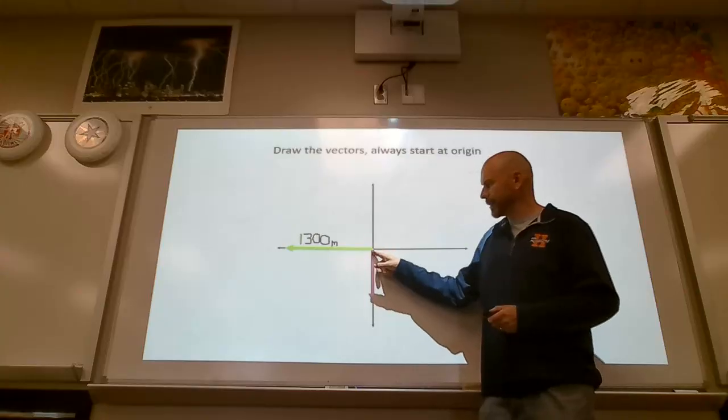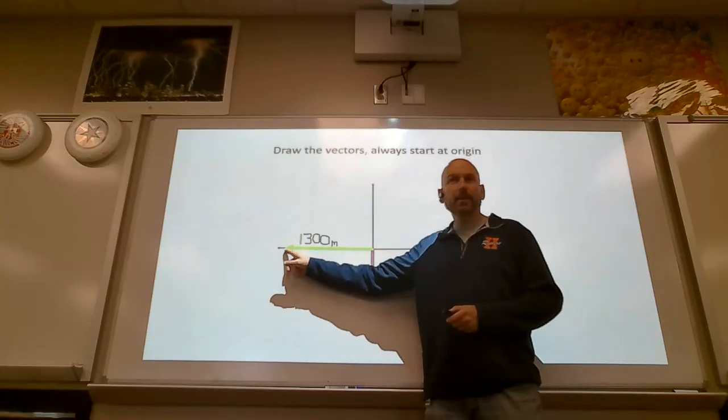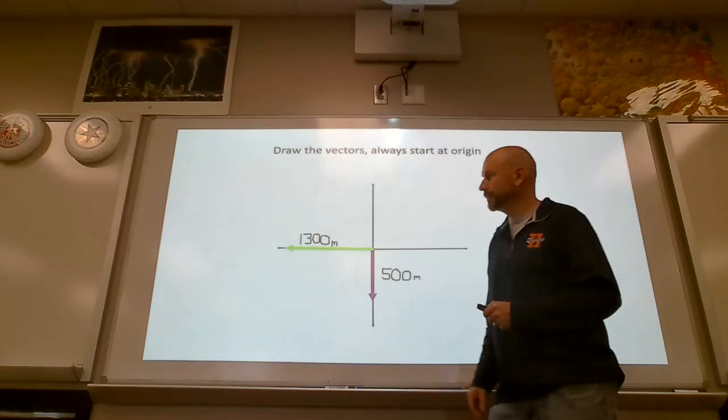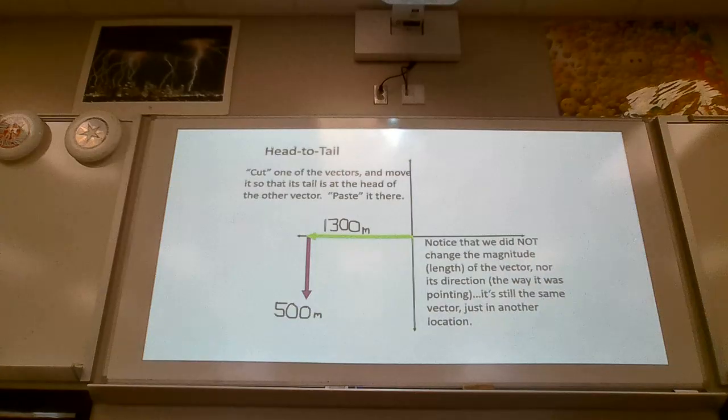Take the tail of this purple one and stick it at the head of the green one. Notice I did not change the way it's pointing, nor how long it is. Good with that?